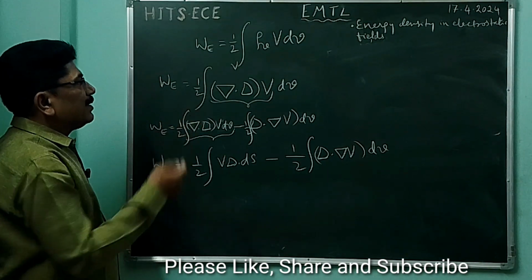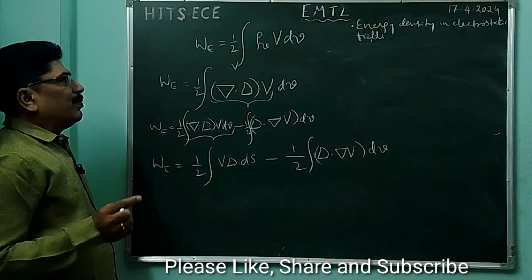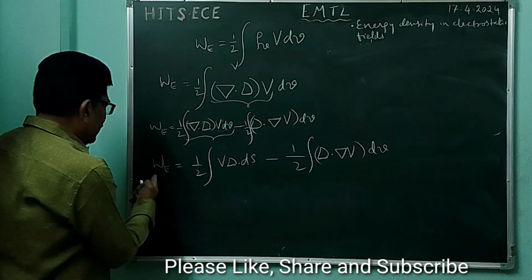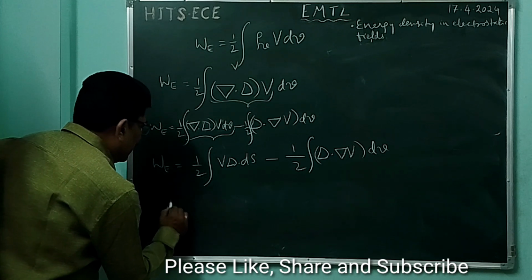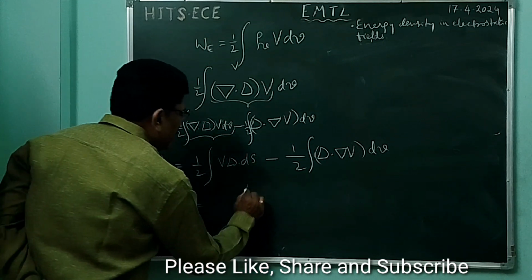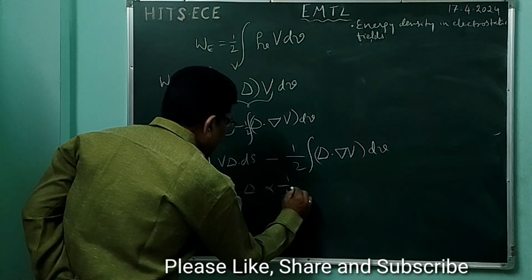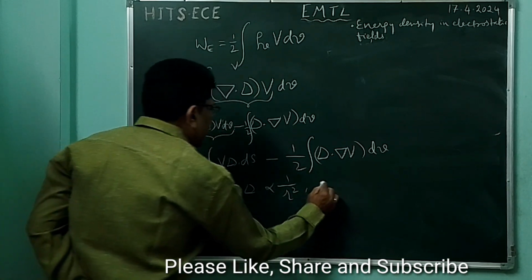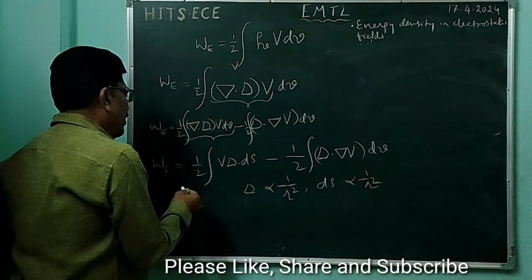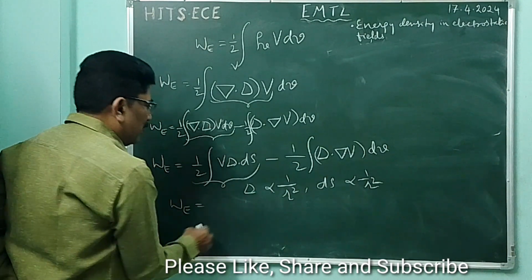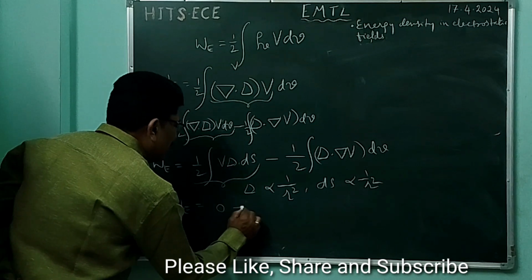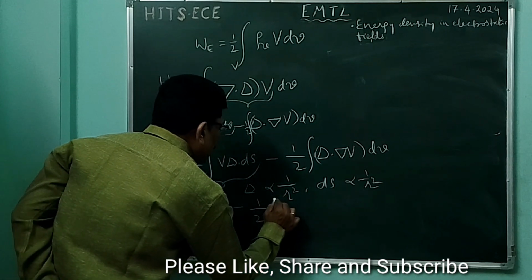Actually, energy density is nothing but work done per unit volume. Since D is proportional to 1/r² and ds is proportional to r², this term tends to 0 and is negligible.